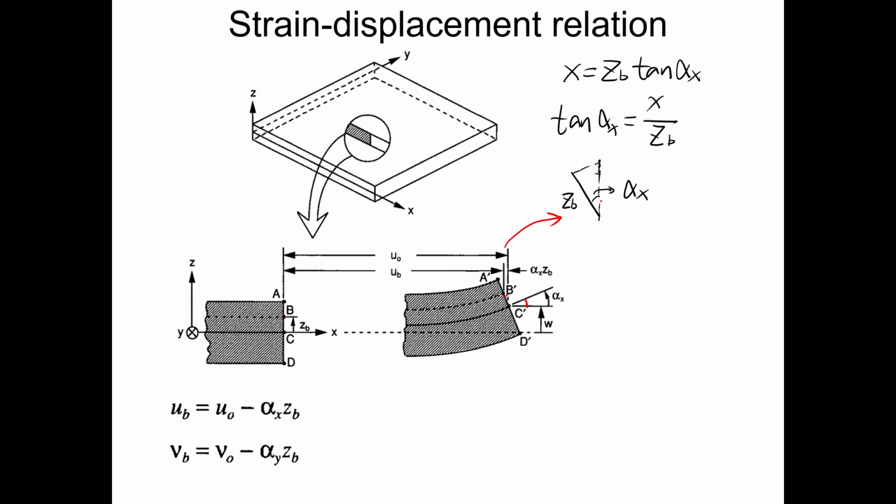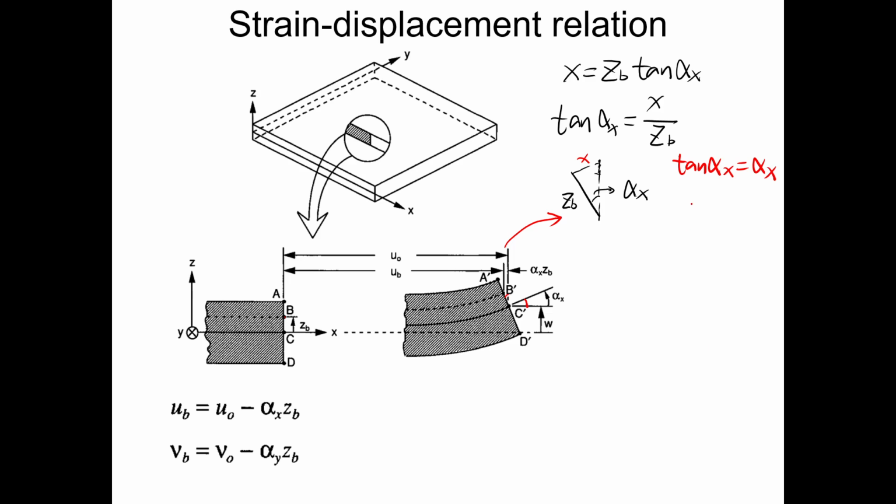Imagine that the alpha x is this angle, so tangent alpha x will be equal to the small amount of change delta x divided by the side length zb. So we can work it out as delta x equal to zb times tangent of alpha x, and assuming this is a small angle, tangent of alpha x will equal to alpha x.